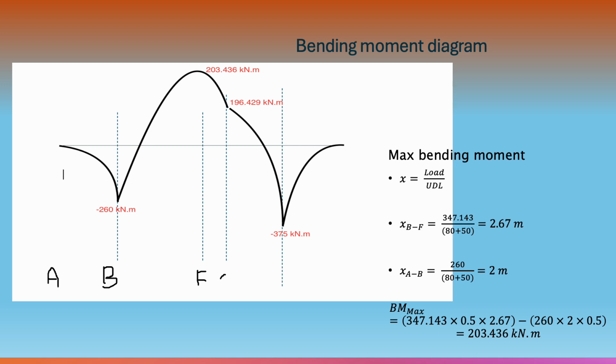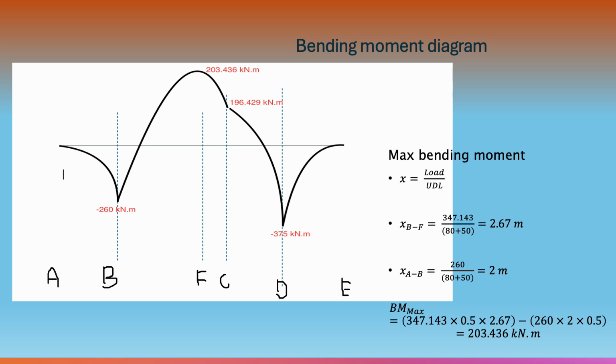This would have been C. This is D. And at the end, we've got E. But the main points that we were interested in are B, F, and D.